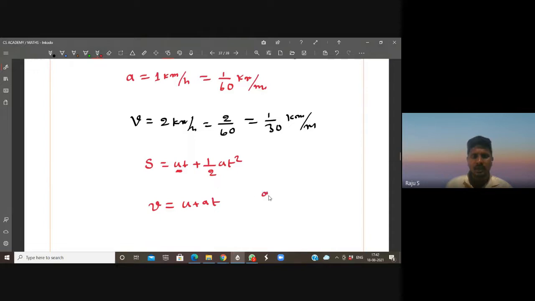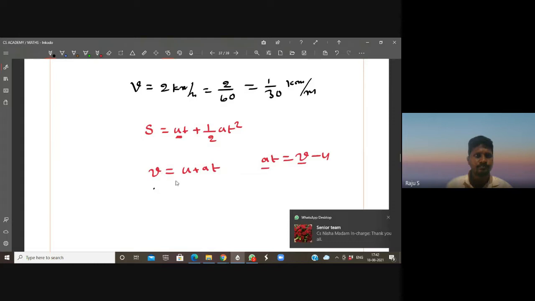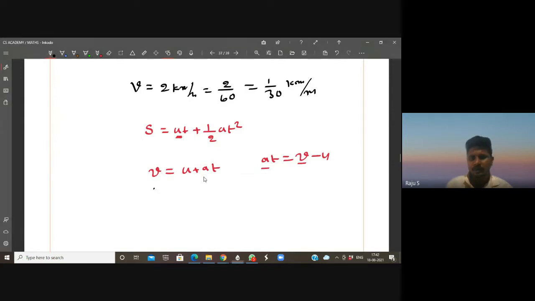So shall I write at is equal to V minus u? Okay, fine. Here, see students, we know the V value and the a value. And also we have a formula that V square minus u square is equal to 2as. Am I right?